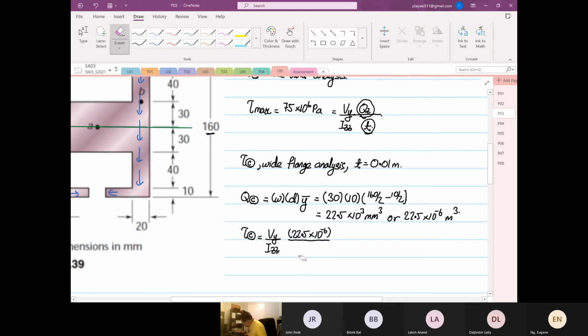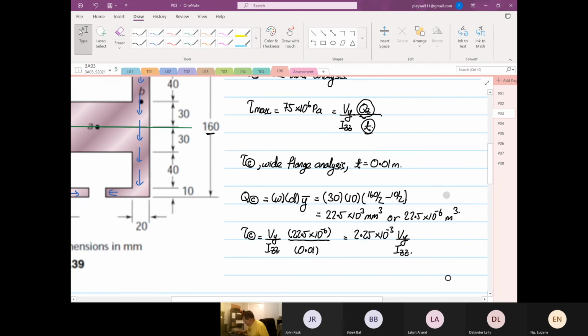Oh, hold on. So 22.5 times 10 to the power minus 6 divided by 0.01 is equal to 2.25 times 10 to the power minus 3 Vy over Izz. So that is our shear stress at point C.